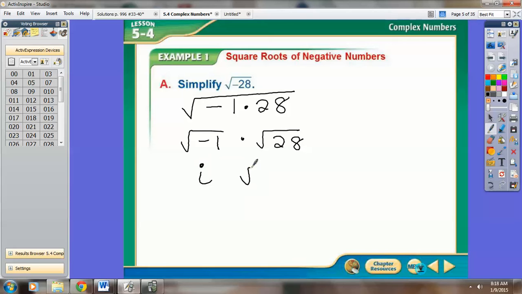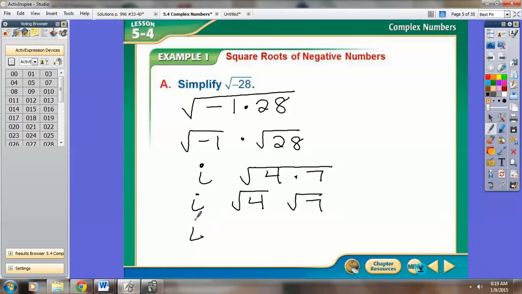Now the square root of 28 can be simplified. There's a number that goes into 28 that's a perfect square. What is that? 4 and 7. So using our product property, we can break apart the square root and give each number its own square root.